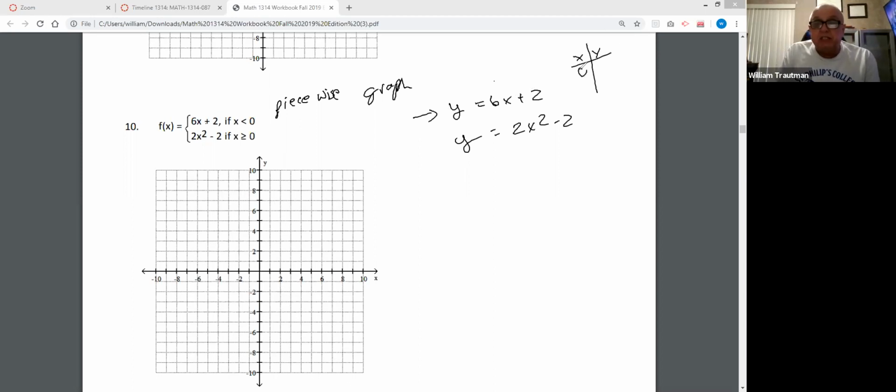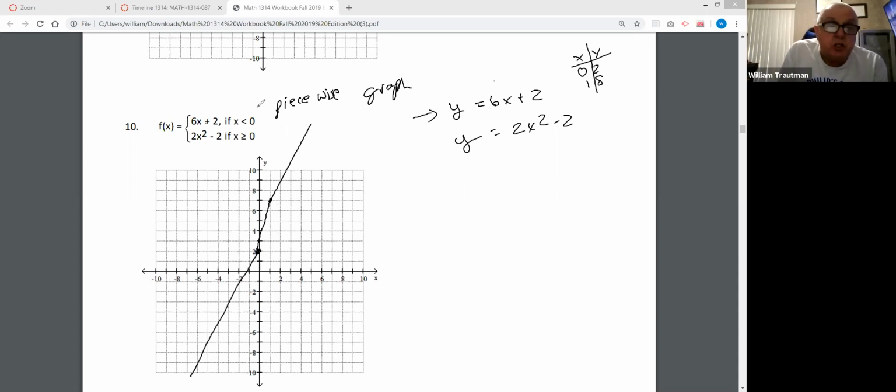You can say x is 0, so y is 2. X is 1, so y is 8. So if you look at this, 0, 2 is right here, and 1, 8 is right here. So if you connect this line, it's supposed to be a straight line.